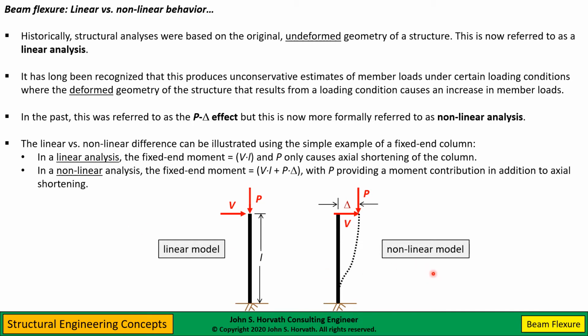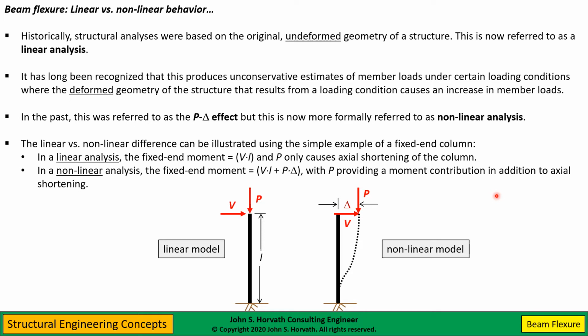In a nonlinear analysis, where we have the side sway delta, and this is where the P delta term comes in, we see that the fixed end moment now is not only V times L, but also P times delta. So P provides a moment contribution in addition to causing axial shortening of the column.